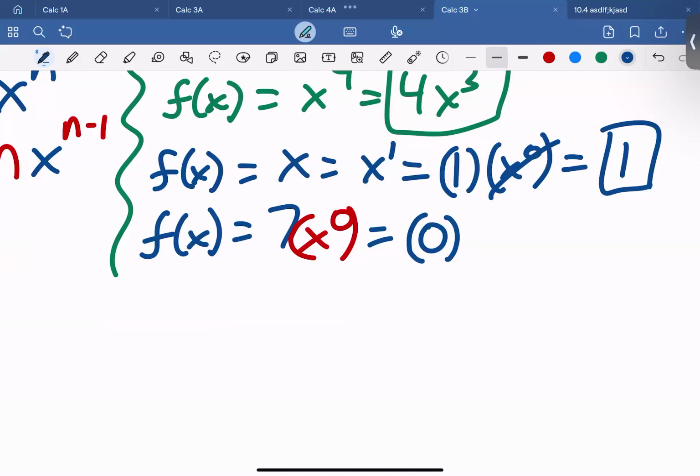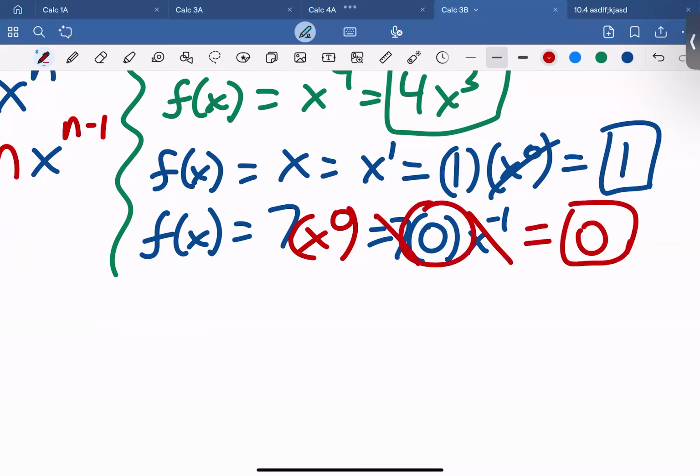Bring the 0 in front, because this is the exponent. So 7 times 0 times x to the negative 1. But the 0, so powerful, just kills everything else, giving you just a 0. So anything that doesn't have a variable, that's just a constant, just a number, the derivative of that is just 0.